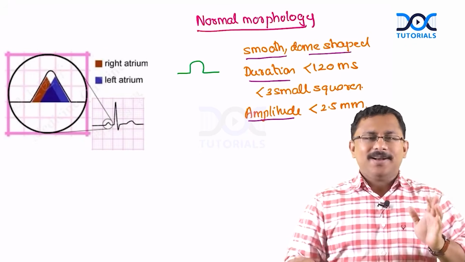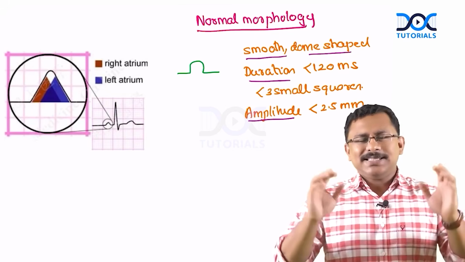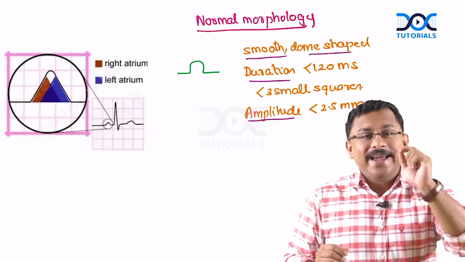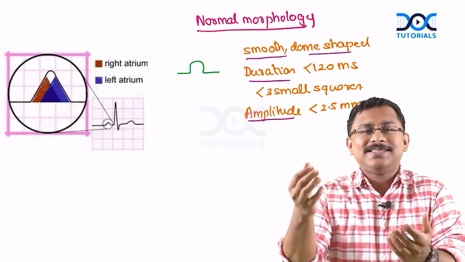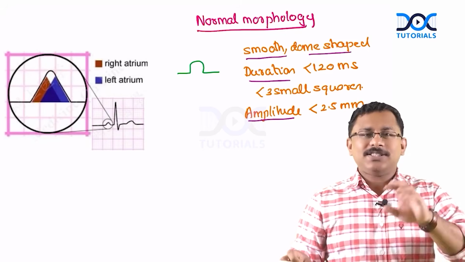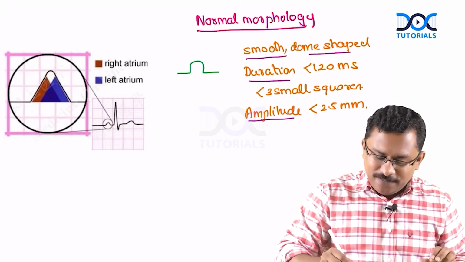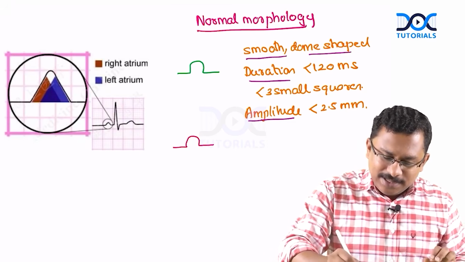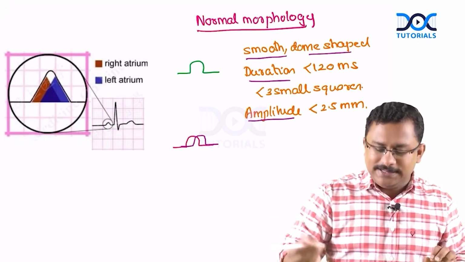Now you see, atrial depolarization correspondingly gives you the P wave. But just think, you have got a right atria as well as a left atria. So when you say atrial depolarization, it should be the summation of depolarization of the right atria as well as left atria. Though I showed it as a smooth dome-shaped wave, in actual sense, you have initial right atrial depolarization and a subsequent left atrial depolarization.